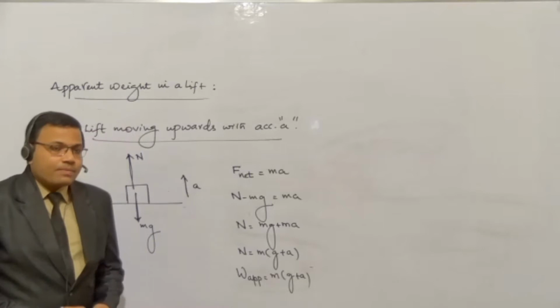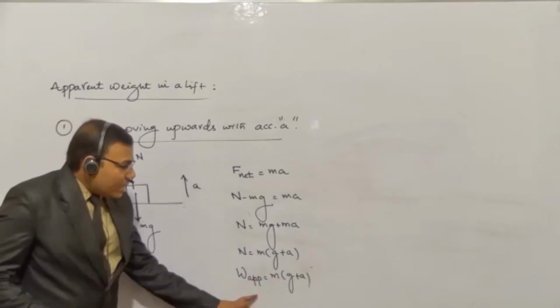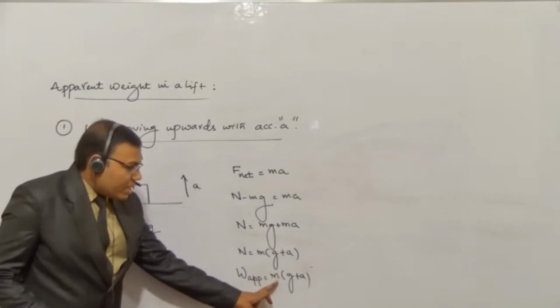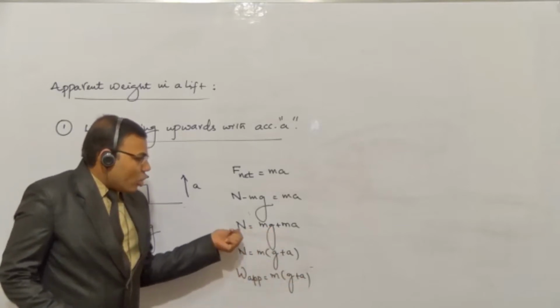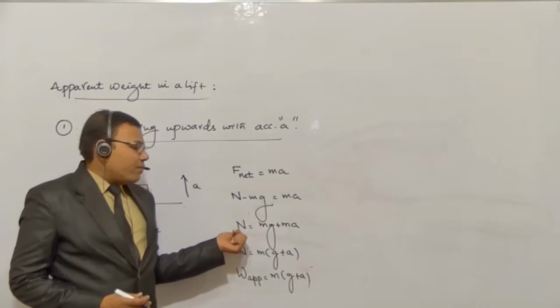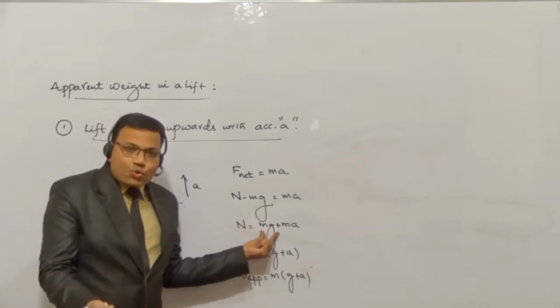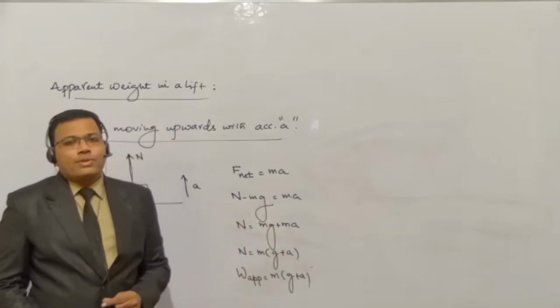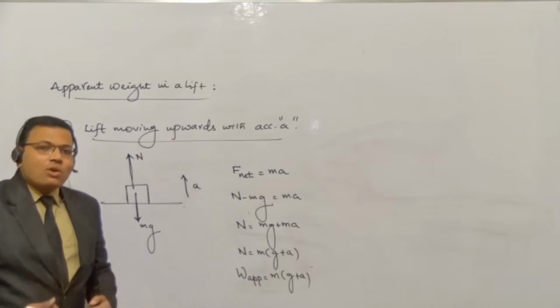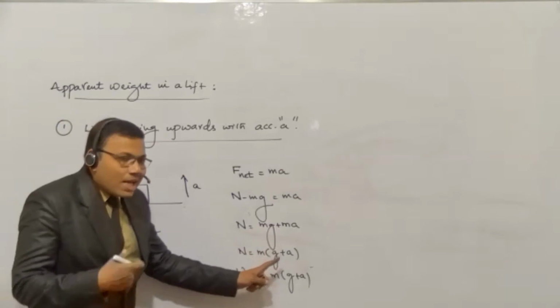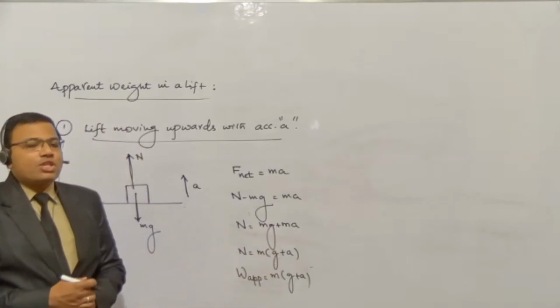I hope it is clear. So here you can clearly see that the apparent weight equals mg plus ma, or the normal reaction itself indicates the apparent weight. It is the true weight, actual weight, plus the force ma. So does the weight increase or decrease? It is mg plus ma, so the apparent weight in this situation increases.